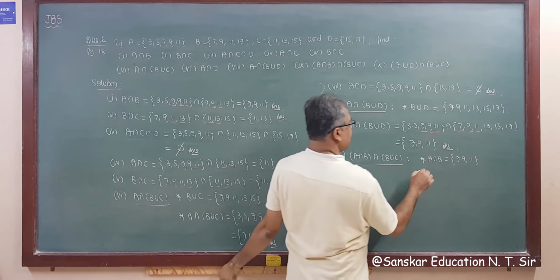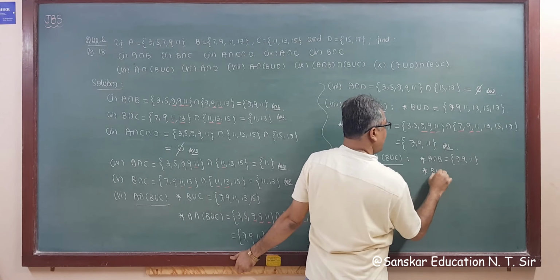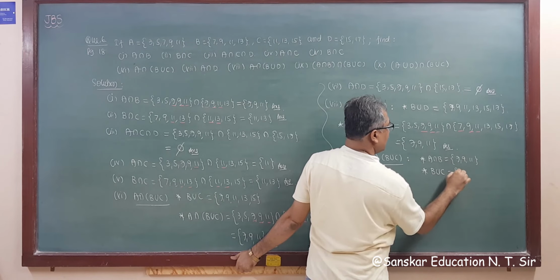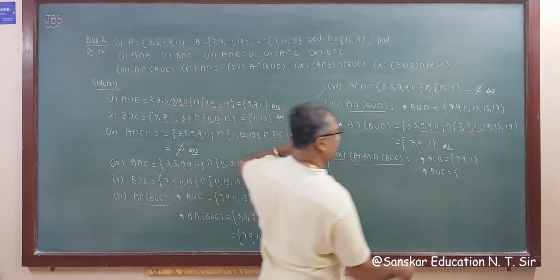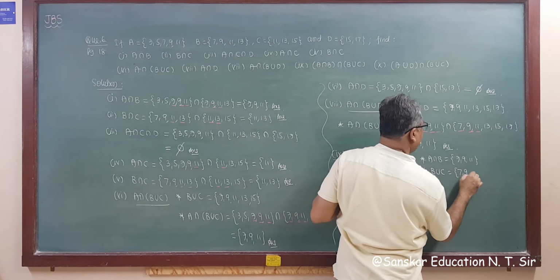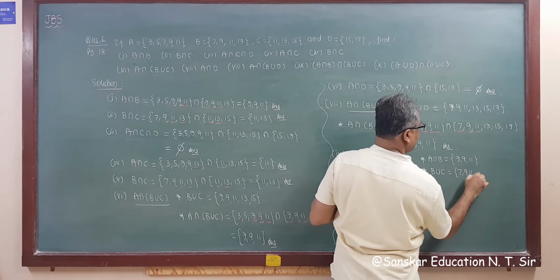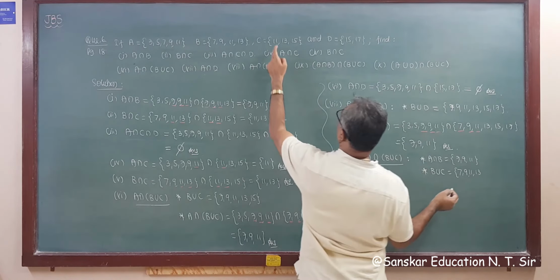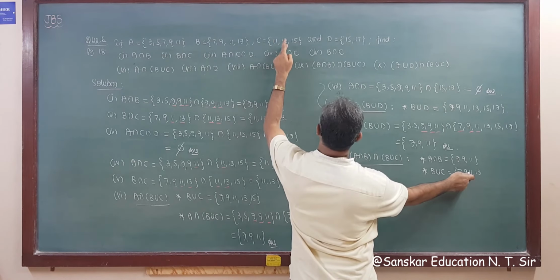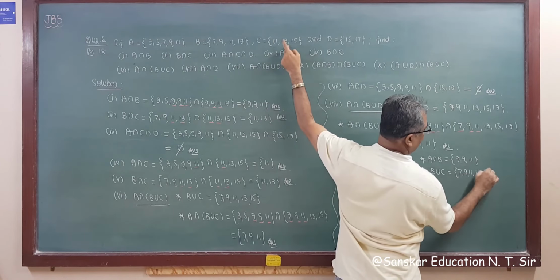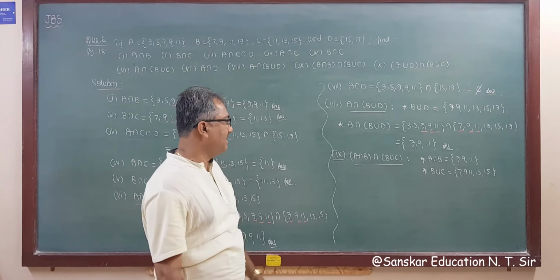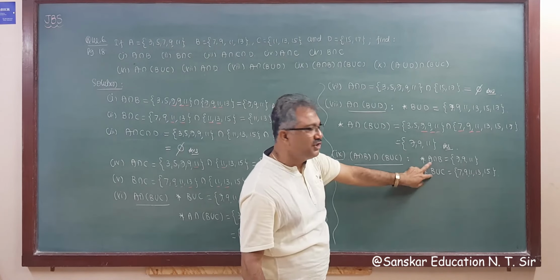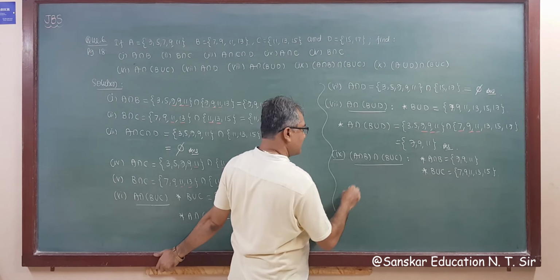Now B union C. Now B has 7, 9, 11, 13 as elements. So 7, 9, 11, 13. And C has 11, but 11 is already there. 13 is there. But 15 is remaining. So we are writing 15. Right? Now the intersection of these two sets is our answer.